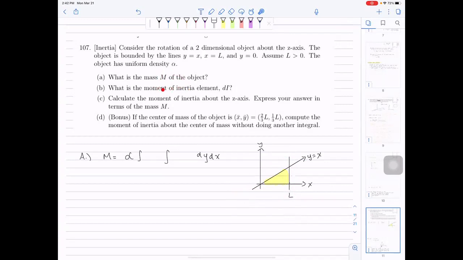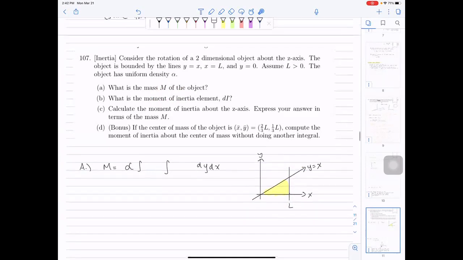For the mass of our object, the mass is the double integral of dm, but specifically dm is density times dA.